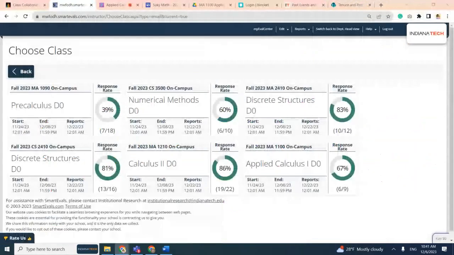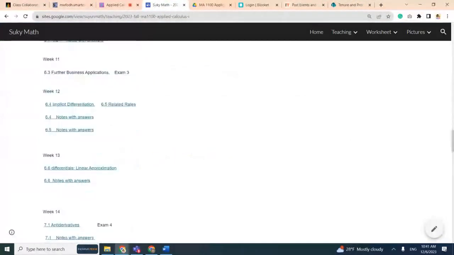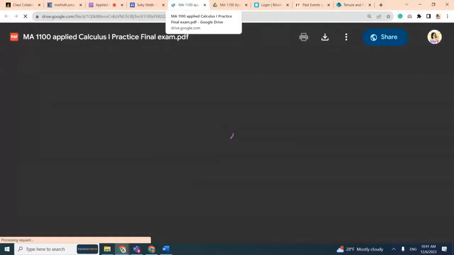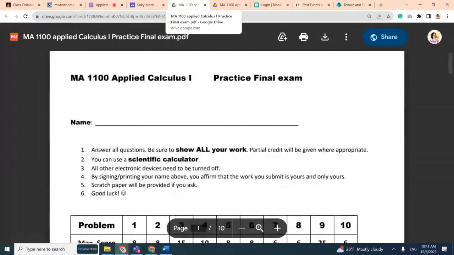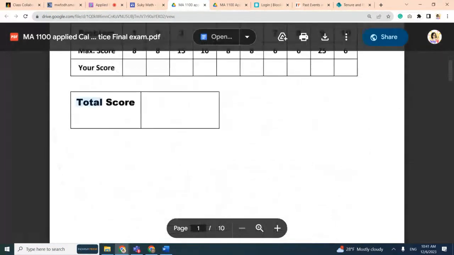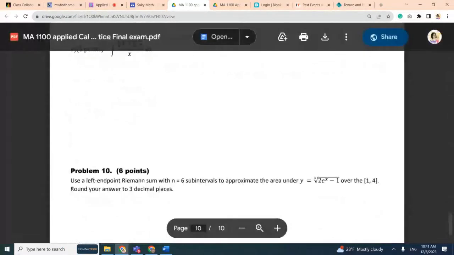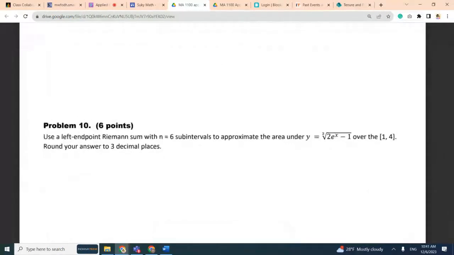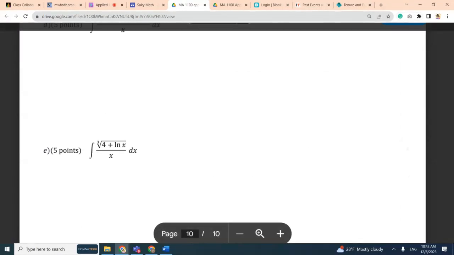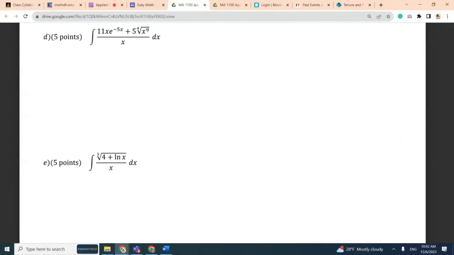No? Okay. I want to show you the practice final exam. This afternoon I have study sessions from 3:10 to 5, so feel free to print out the practice final exam and come to the study session. The last problem is about this example, where you use either the left-hand or the right-hand Riemann sum to approximate the area under your function. This is the u substitution.